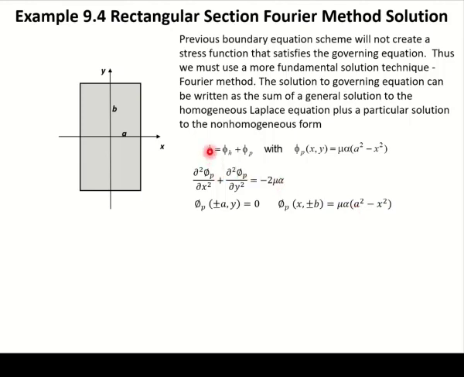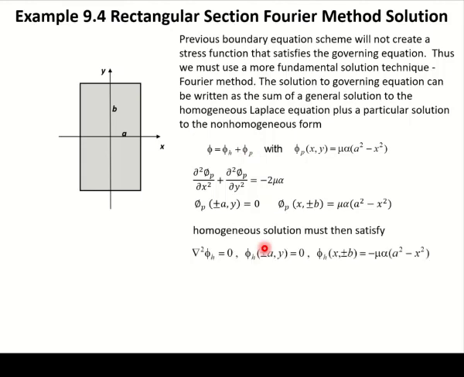And at the end, I want to use my stress function phi, which will be a combination of the homogeneous and the particular solution. So for the homogeneous solution, when I take del square of my homogeneous stress function, it should be equal to 0, because when you combine this one and my particular solution, which is here, it should end up with minus 2 mu alpha.